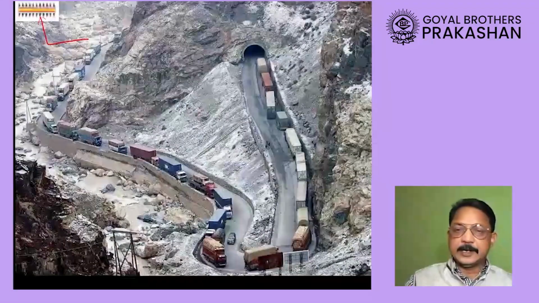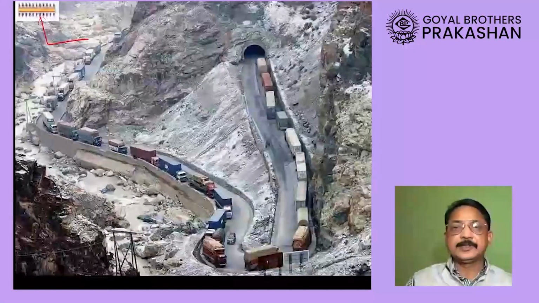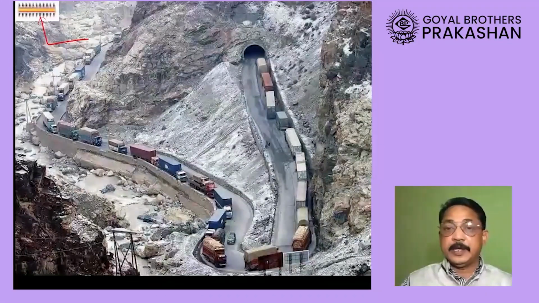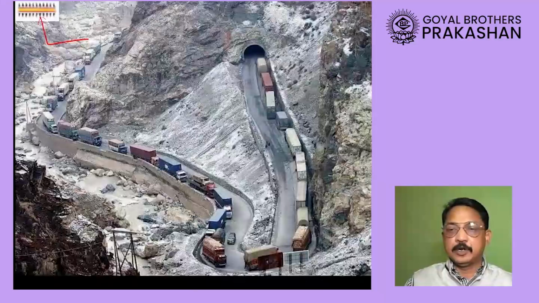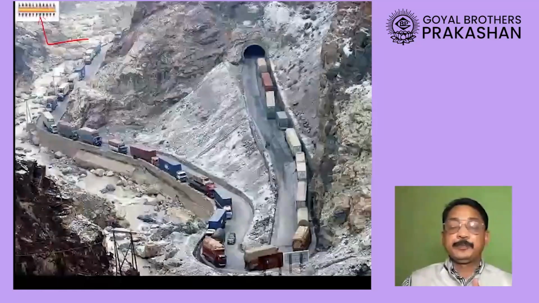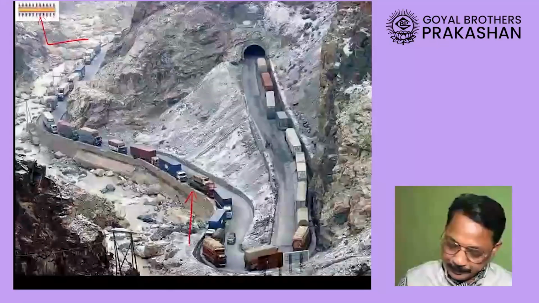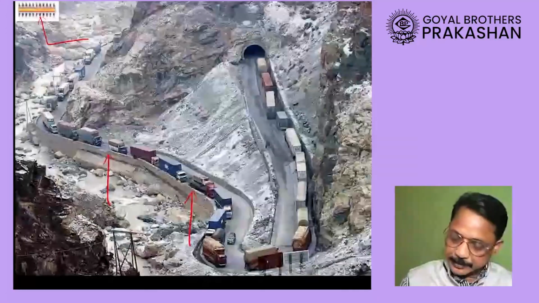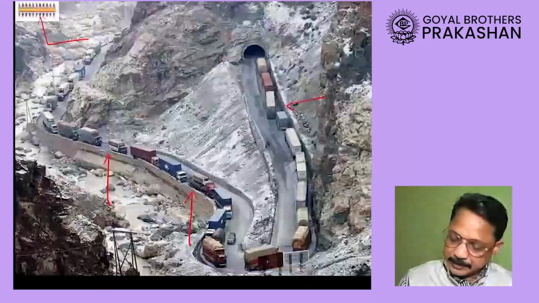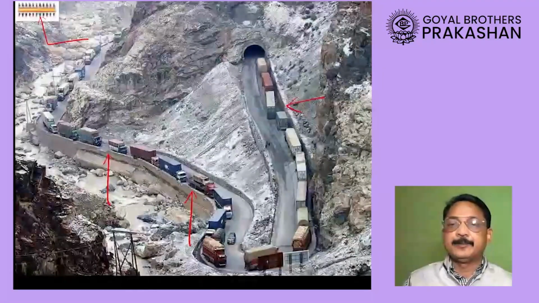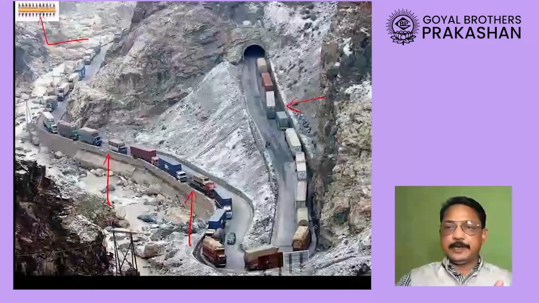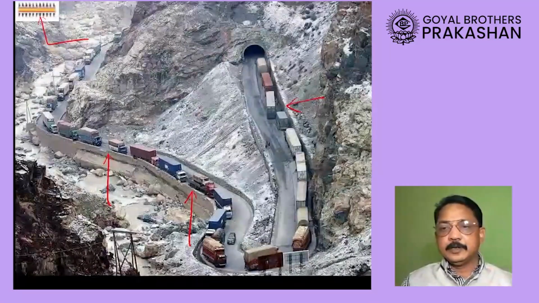A road is there, and around that the black color lines stand for embankment. They stand for a wall-like structure around the road. This wall-like structure is called an embankment. They are constructed as a protective wall in a hilly area.